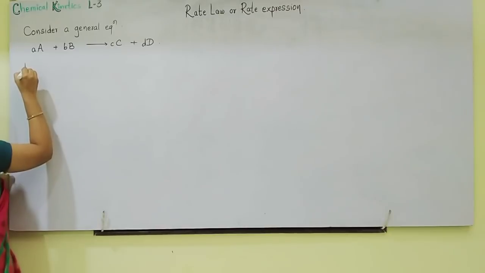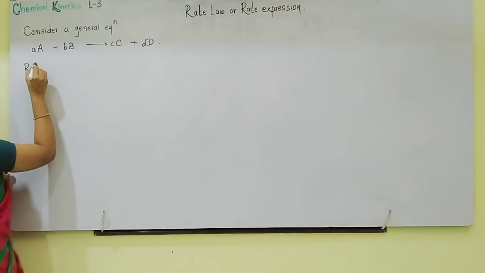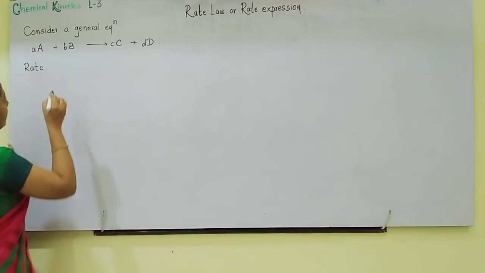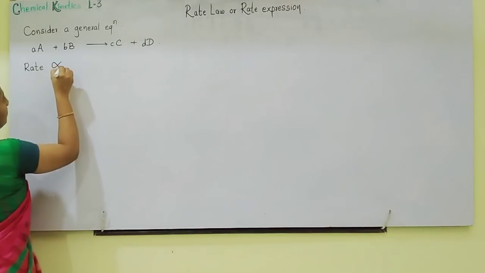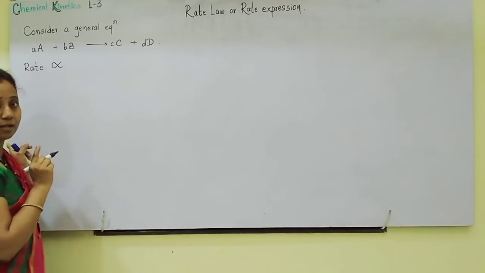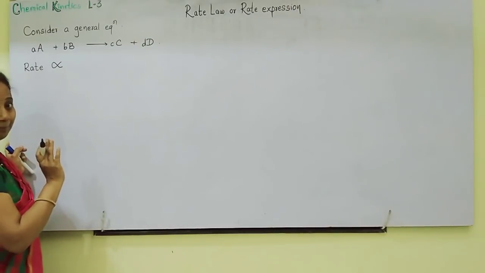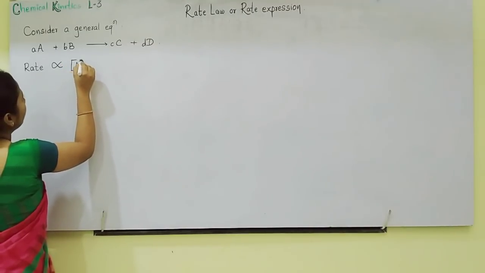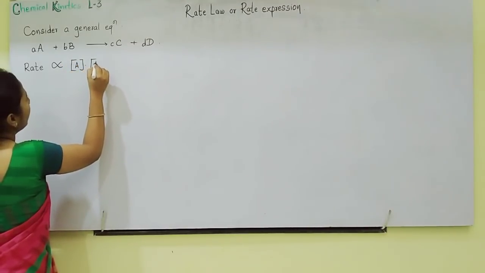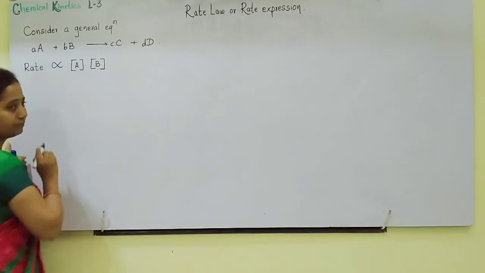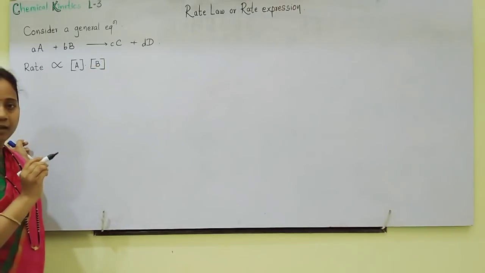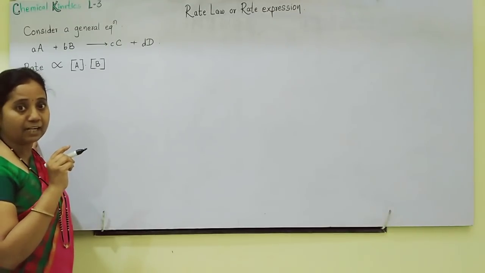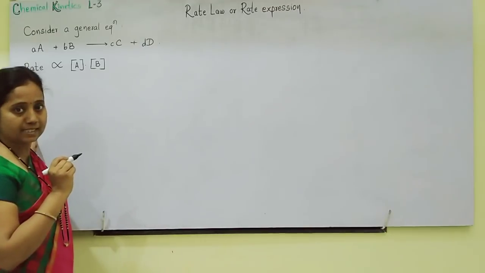See here, according to rate law, rate is directly proportional to molar concentration of reactants only. So which are reactants? A and B. Whatever balancing numbers, stoichiometric coefficients, are there, they will go as exponents.